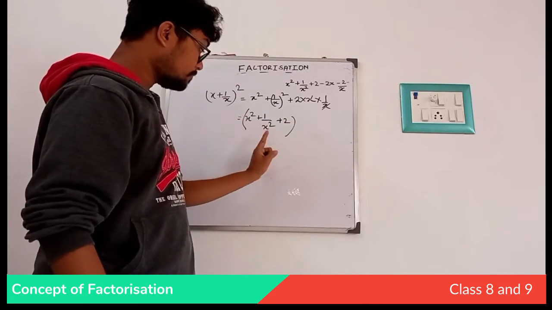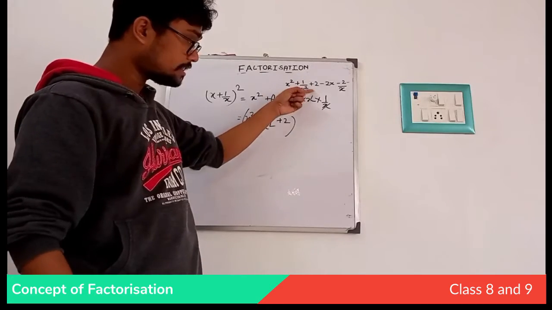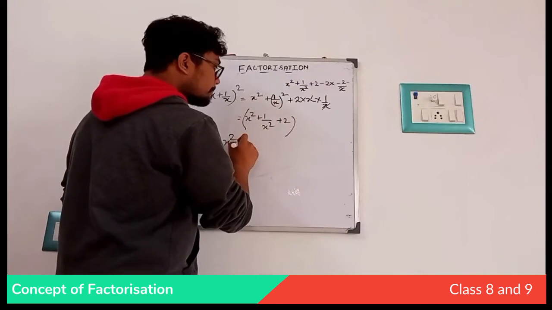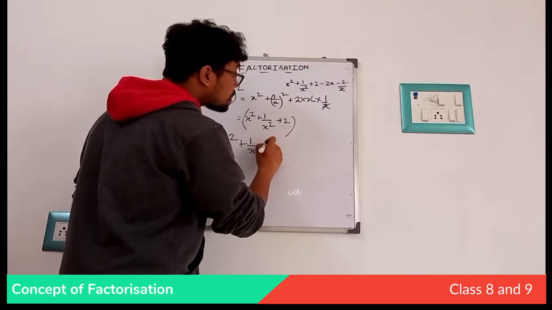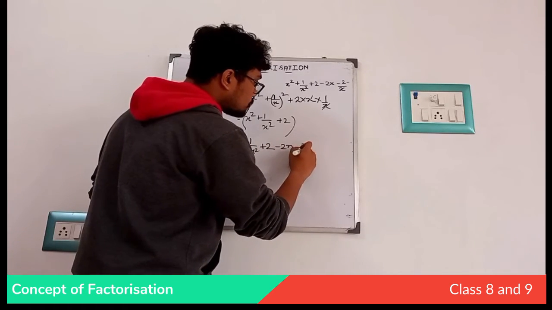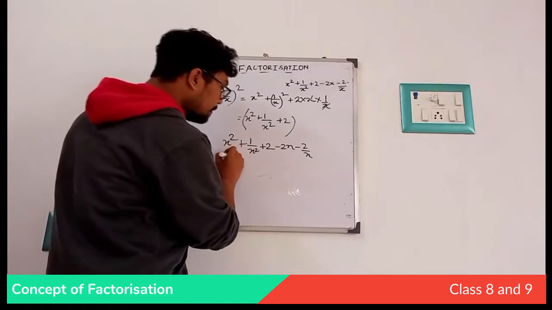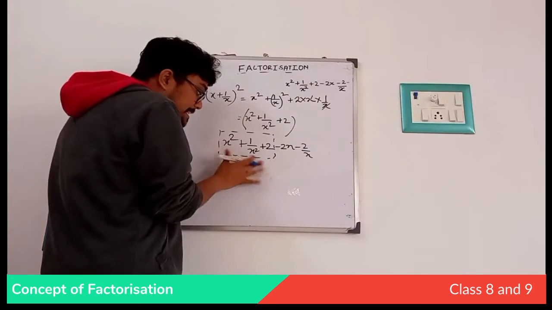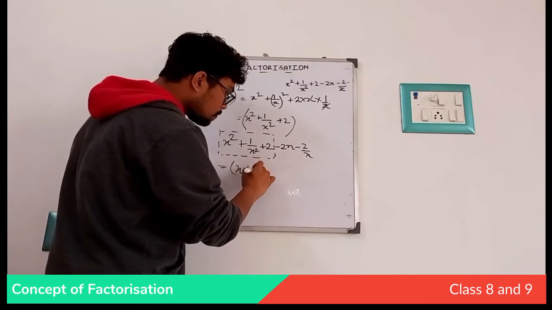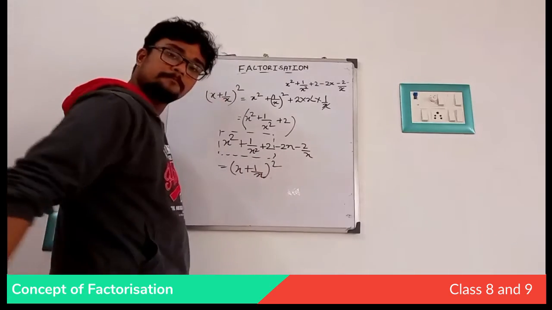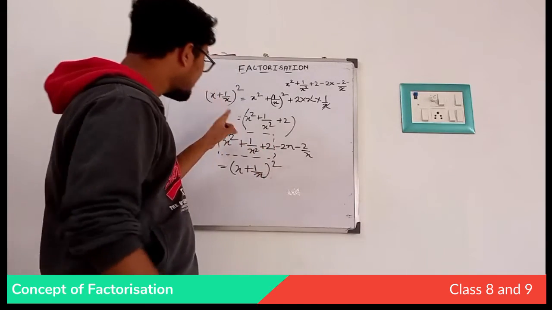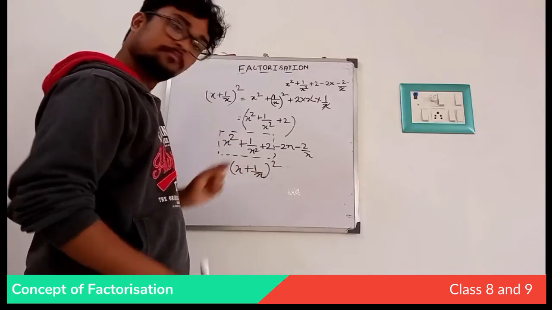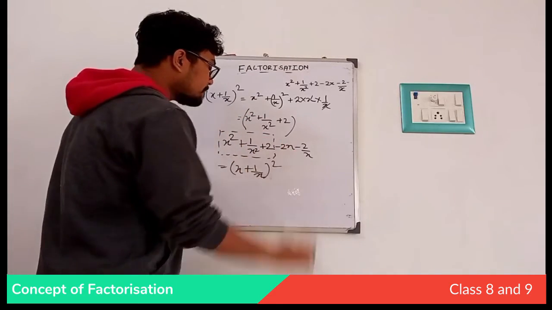So this process will help in this case. Look very carefully. This is a set of x square plus 1 by x square plus 2, minus 2x minus 2 by x. So x square plus 1 by x square plus 2 can be written as (x plus 1 by x) whole square. I have shown you. Now what is the remaining portion?